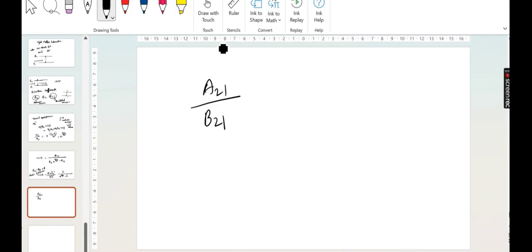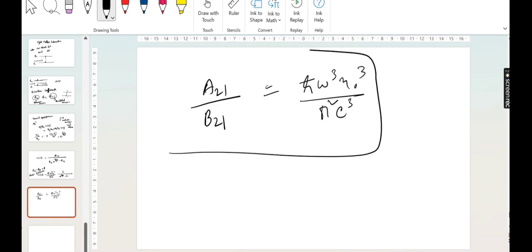If we compare this with the equation, A21 by B21 is given by h cut omega cube n naught cube by pi square c cube. And this is a relation between Einstein's two coefficients. And this is a thing you need to remember.